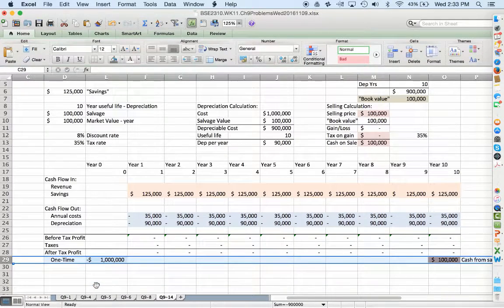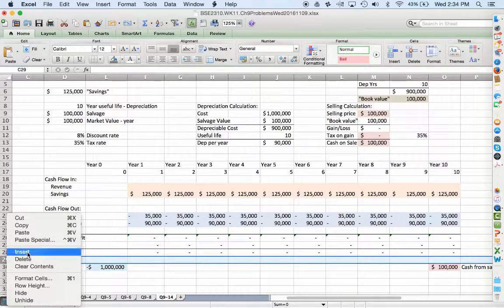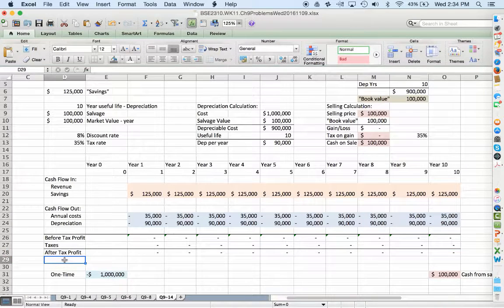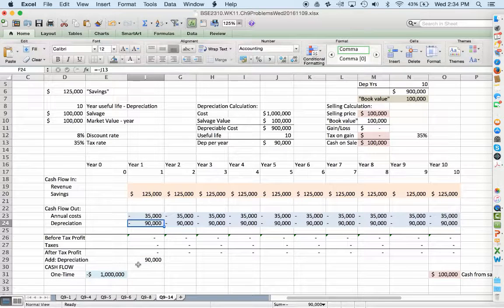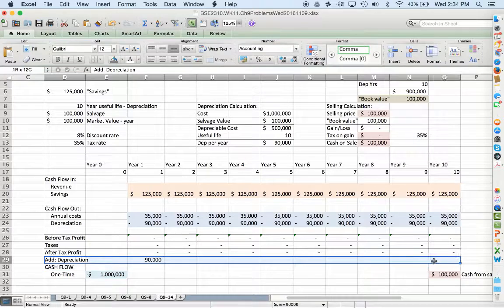Now, what I want to do with that after-tax profit is add depreciation, and this is going to give me cash flow. So I'm going to get the value for depreciation. What I've done is taken negative times the cell value for depreciation because I want to add that number to my after-tax profit.